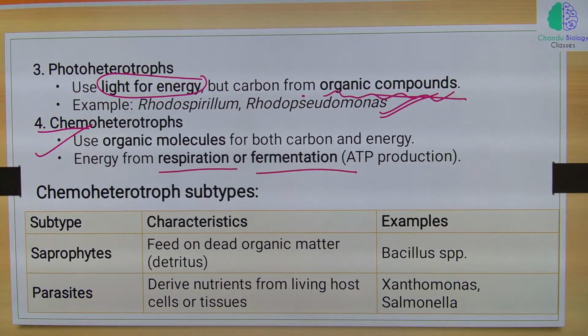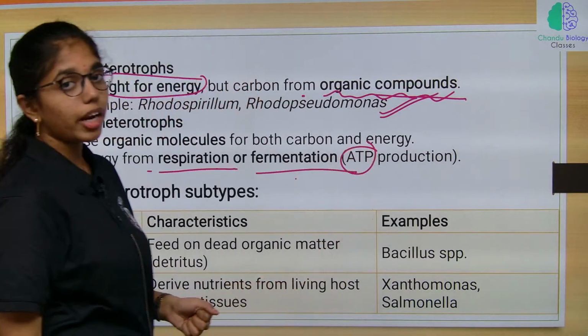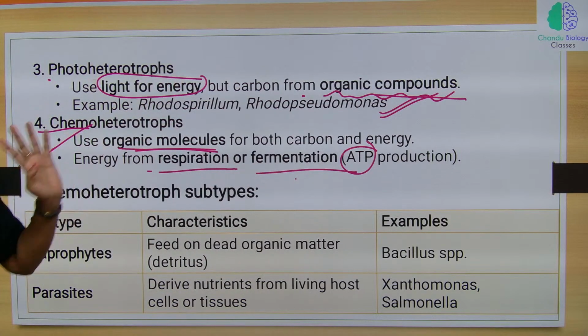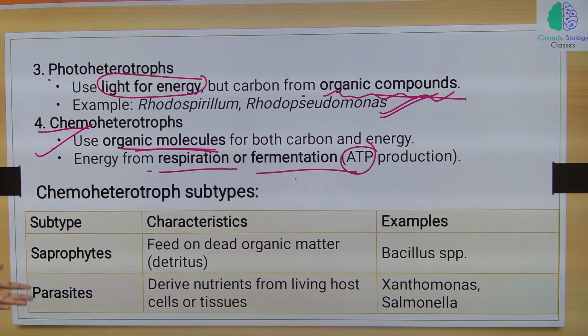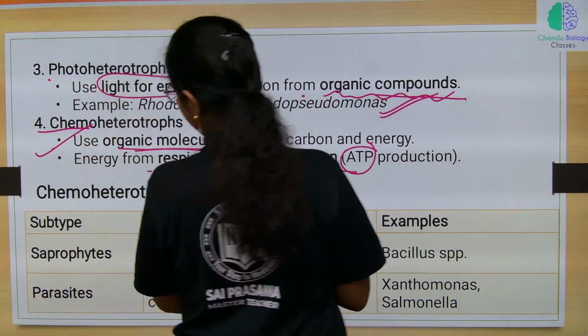Energy is taken from what? Respiration or fermentation, that is ATP. So in chemoheterotrophs, strictly ATP energy is used, and carbon is from the source of organic molecules. Both in photoheterotrophs and chemoheterotrophs, carbon source is the organic compounds. And next, chemoheterotrophs, we have saprophytes and parasites.